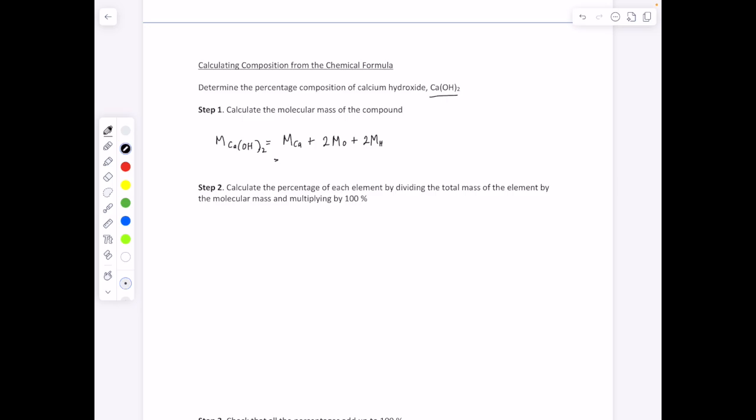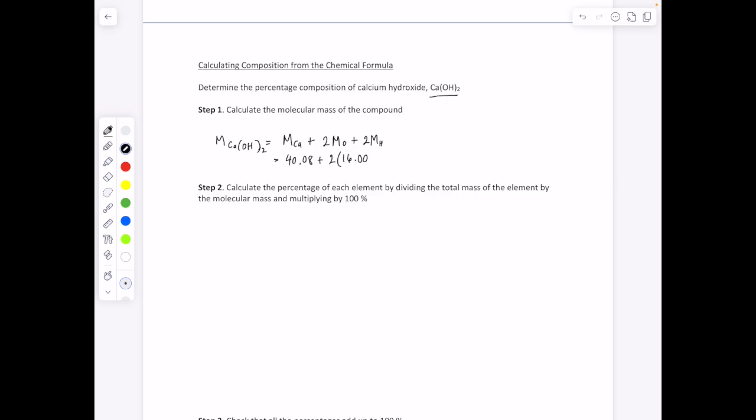The molecular mass of oxygen we can get from a periodic table. Let me call mine up. So calcium has a molecular mass of 40.08 plus 2 times the molecular mass of oxygen.